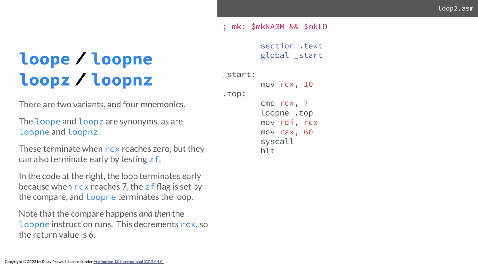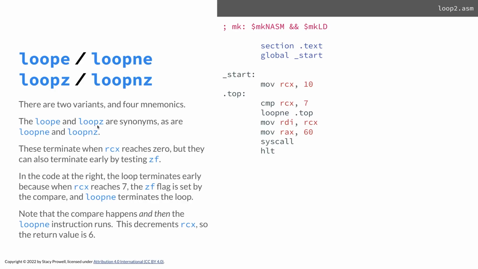There's other versions of loop, loop E and loop NE. Those are synonyms for loop Z and loop NZ, right? Equal and 0, same thing. This is loop if equal, loop if 0, loop if not equal, loop if not 0. And again, those are synonyms.